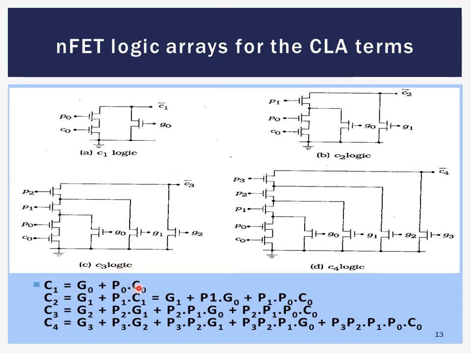So these two terms are in a product form, in this AND operation, P0 into C0, and that is OR to the G0. So this NMOS is there for the G0 whose input is G0. So the output of this block is C1 bar actually, because it is a NMOS logic, that is the NFET logic.